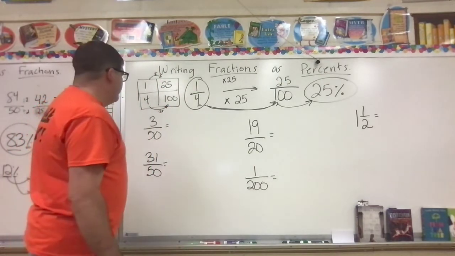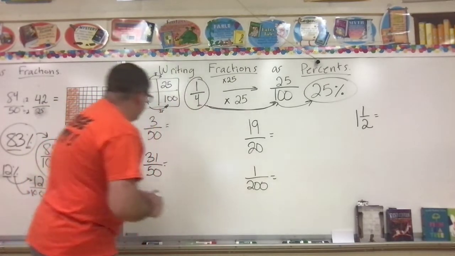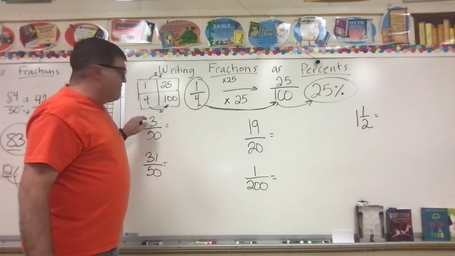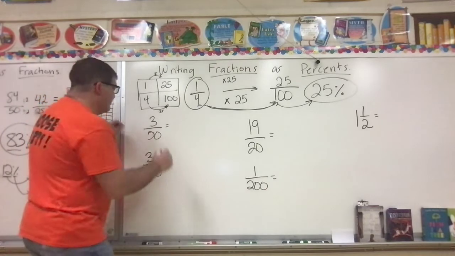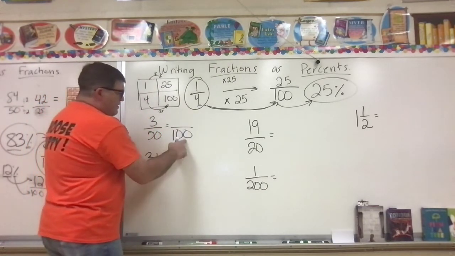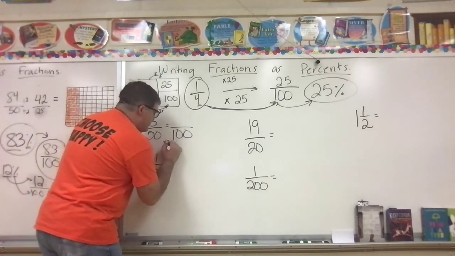All right, let's do it with 3 over 50. I do a test, I get 3 right out of 50. Not good, not good. Okay, so now all I want to do is get this 50 to 100. How do I get 50 to 100? Times 2.